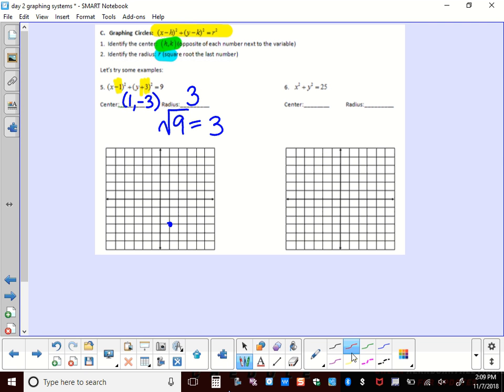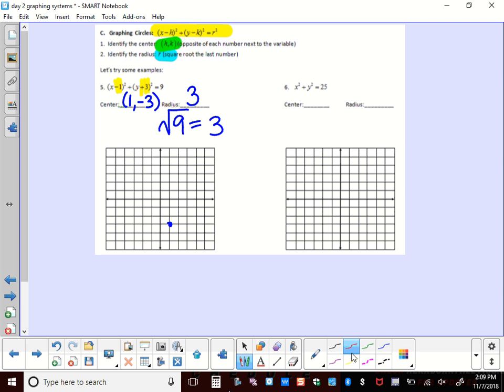Pay attention, your radius tells you how to move up, down, left, or right, okay? If you don't take the square root of 9 and you keep it that way, you're gonna be off the grid. I'm not gonna give you anything off the grid. Maybe on your test, but it won't be that bad. What if you get a number that you can't really square root? That won't happen. For the purpose of this, it won't happen.